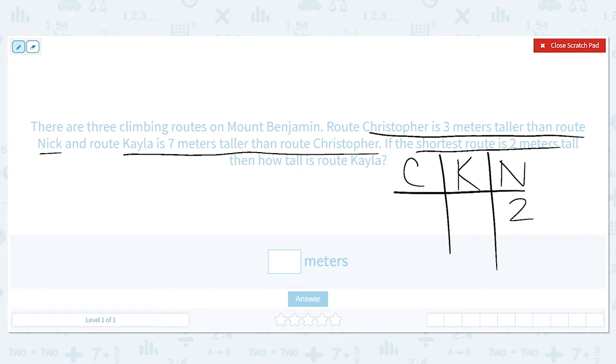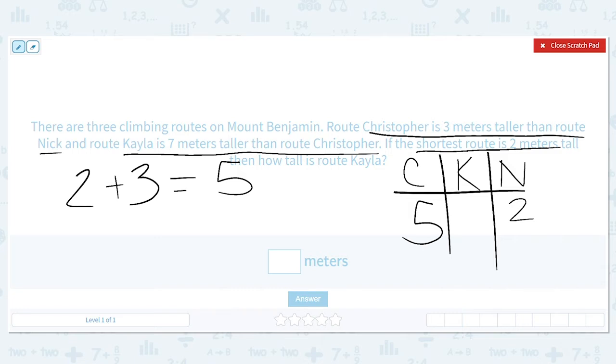So if Nick is 2 meters, Christopher is 3 more meters taller than that. So if it's more, we're adding. So how many meters is that? So that means Christopher is 5 meters. We needed that info to figure out Kayla.